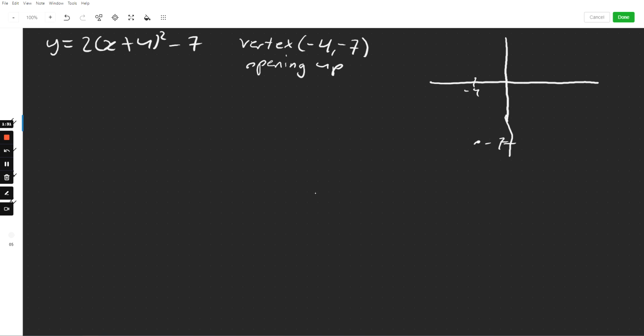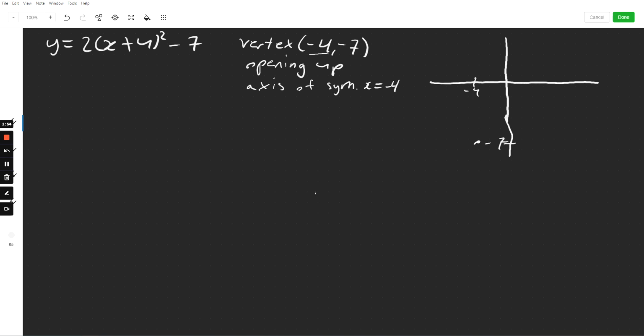And actually the equation of the axis of symmetry is just the x value of the vertex. So the axis of symmetry, I'll put sym for short, is x equals -4.